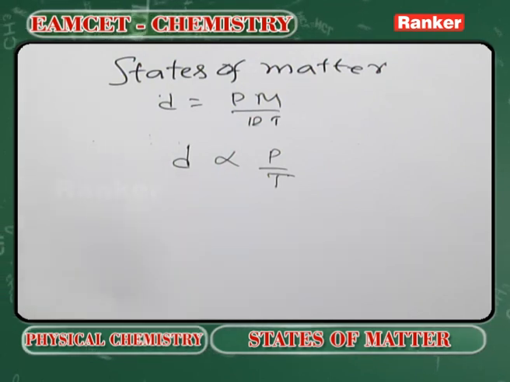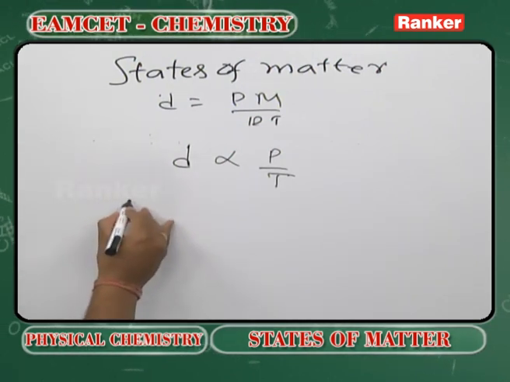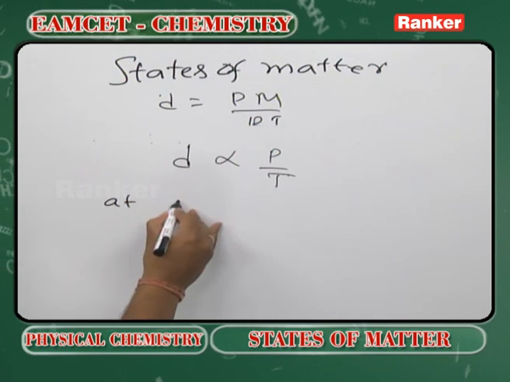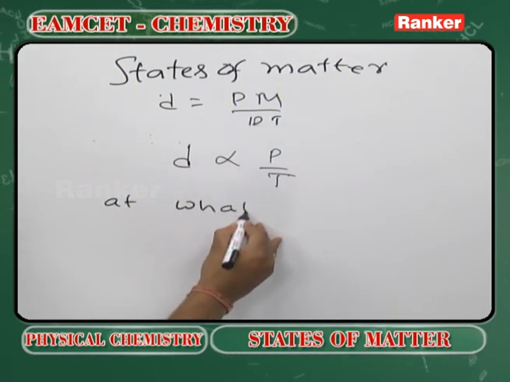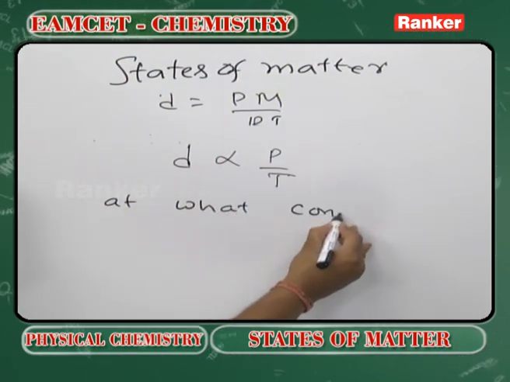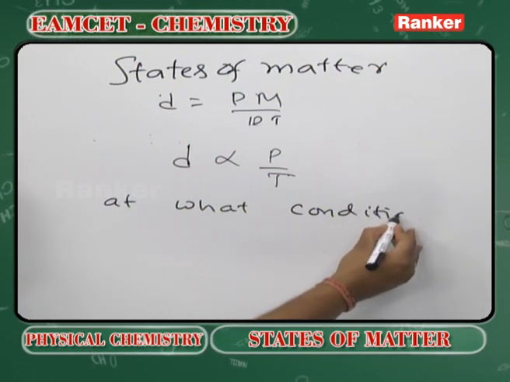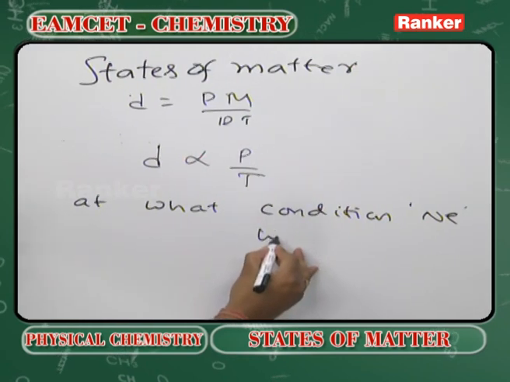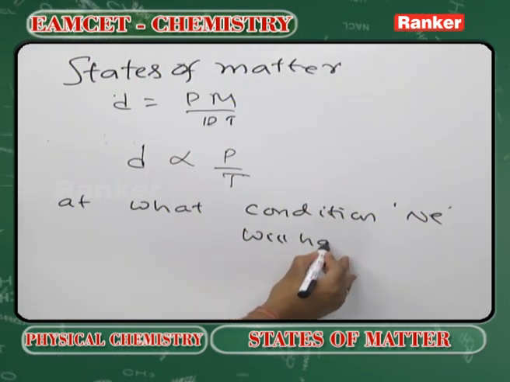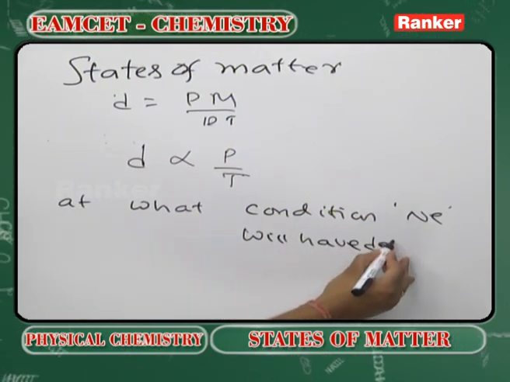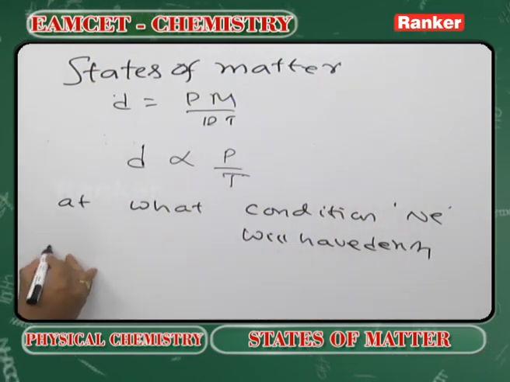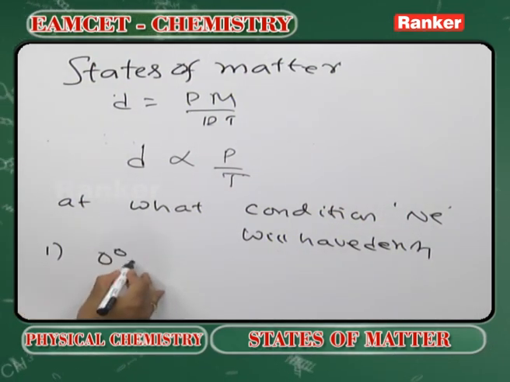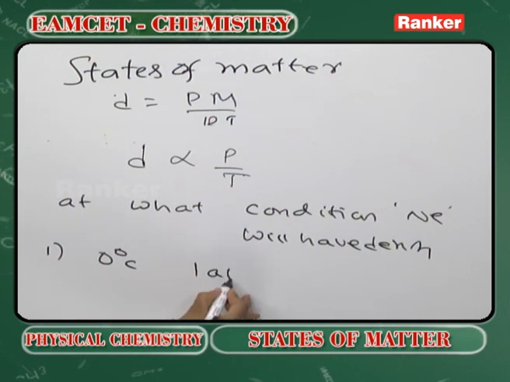For example, at what conditions will neon have the highest density? Option 1 is 0 degrees centigrade, 1 atmosphere pressure.